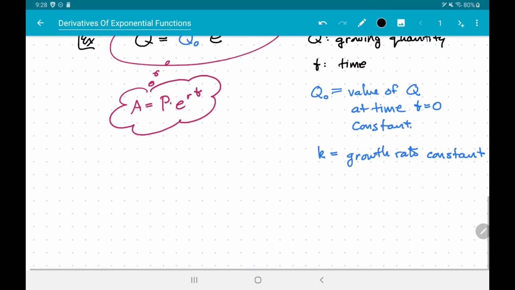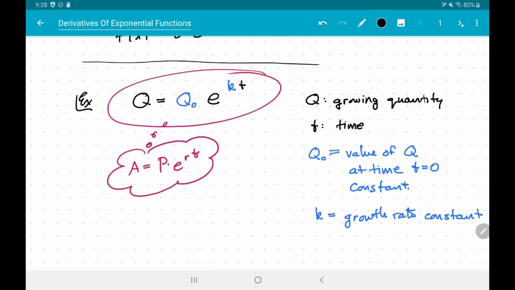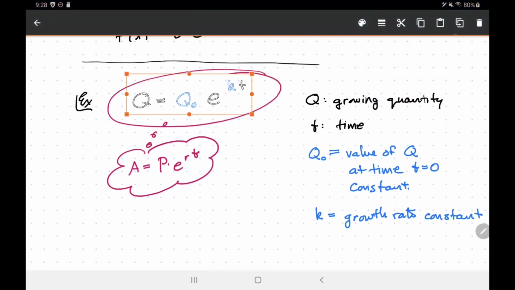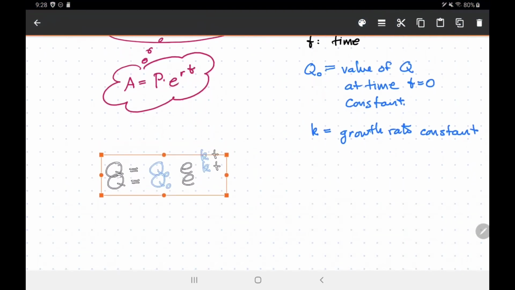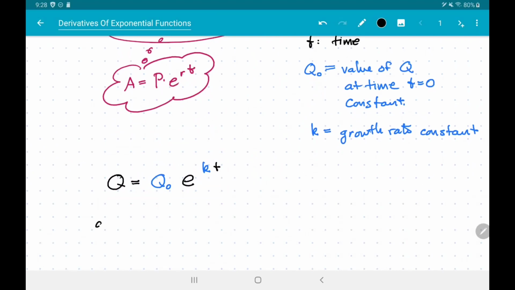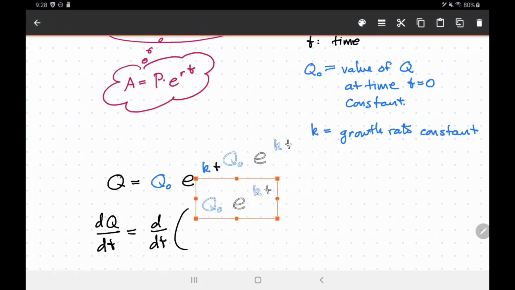So let me actually just copy this and work with it down here. Okay, dQ over dt, I'll use Leibniz notation, is d over dt of the formula for Q. So I'll just copy that over here.